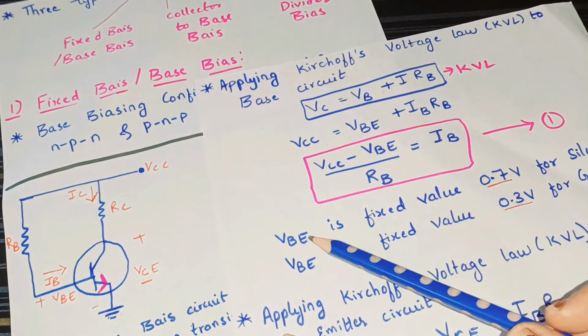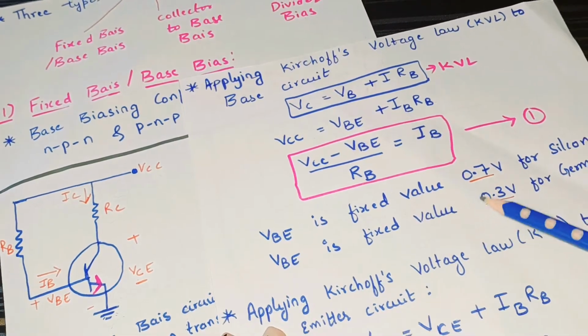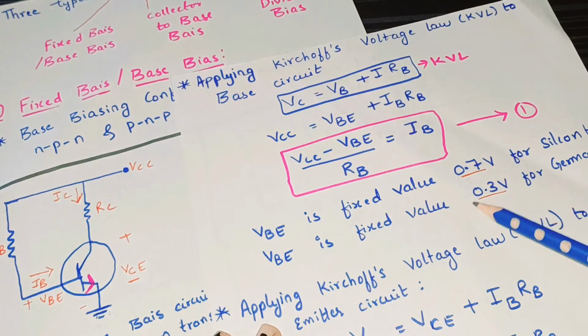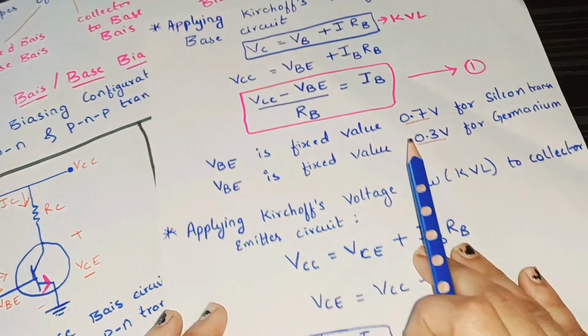Here VBE is always a fixed value: for silicon it is 0.7 volt and for germanium it is 0.3 volts.